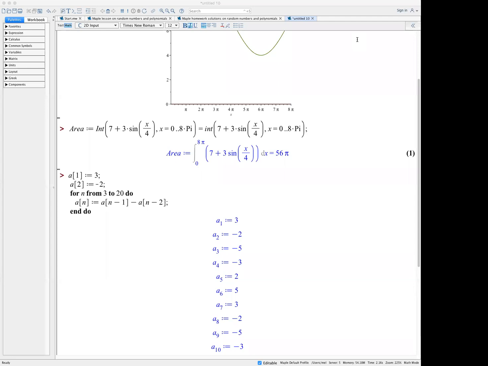Okay. Any other questions about Maple? Questions from calculus? For math 156, can you do question number 2, please? Okay, so 156, number 2, just one second.